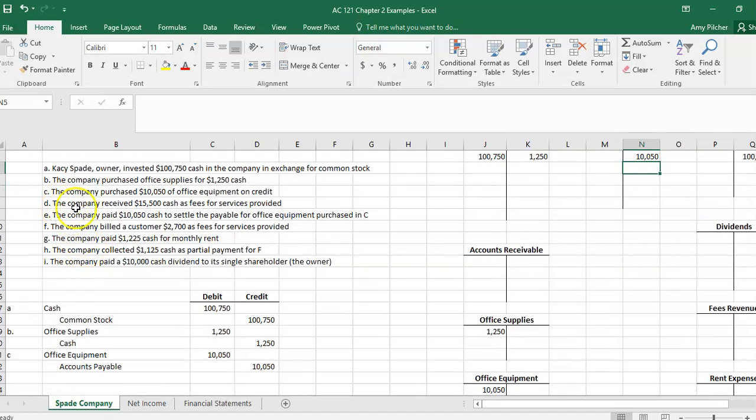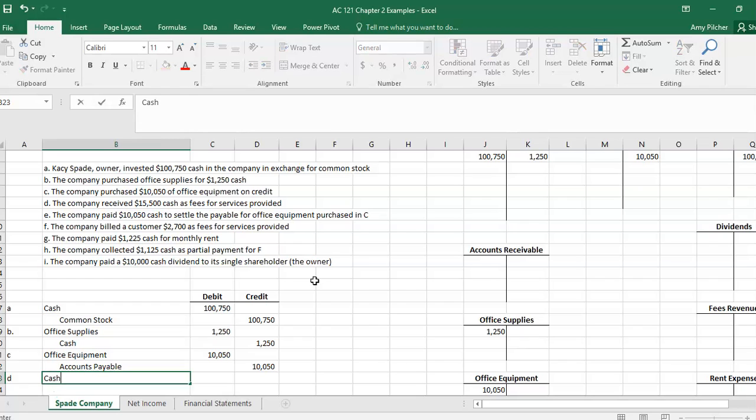Transaction D. The company received $15,500 cash as fees for services provided. When we provide services and receive money for it, that is revenue. We increase cash, cash as our debit account, and when we increase revenues, we credit revenues.